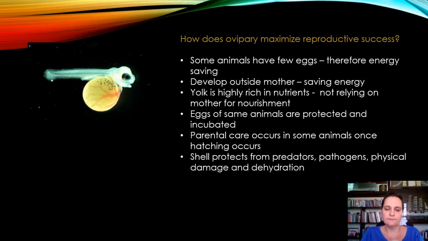Just something interesting, if you like, on the left-hand side of the slide is a juvenile fish that has hatched. Juvenile fish are unable to fend for themselves for a little while, and so therefore they carry the little yolk sac with them and they are nourished by that yolk sac until they are old enough to fend for themselves and to find their own food.